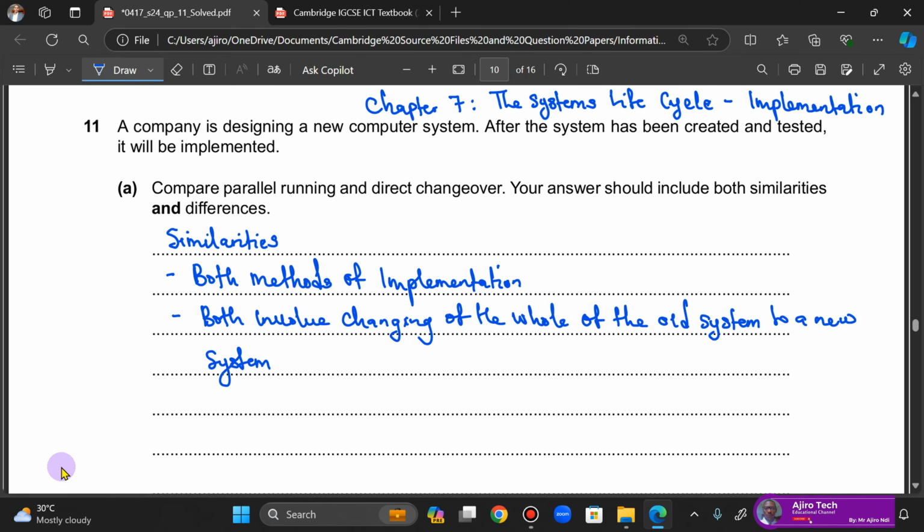With direct changeover it is immediate, while with parallel running both systems are running for a period of time before the old one is completely removed.